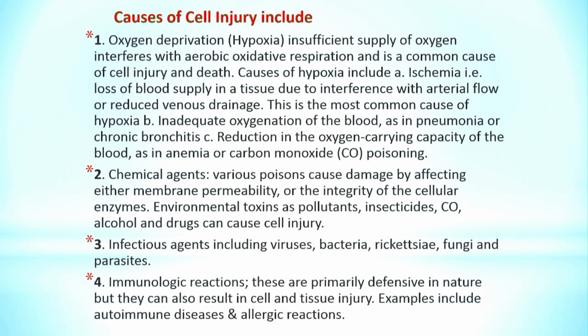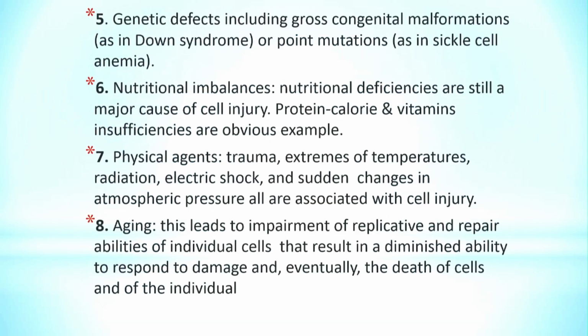Immunological reactions are primarily defensive in nature, but can also result in cell and tissue injury, examples being autoimmune and allergic reactions. Genetic defects include gross congenital malformations. Others are nutritional imbalance, physical agents, and finally aging.